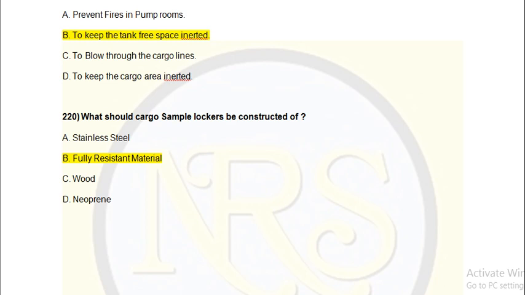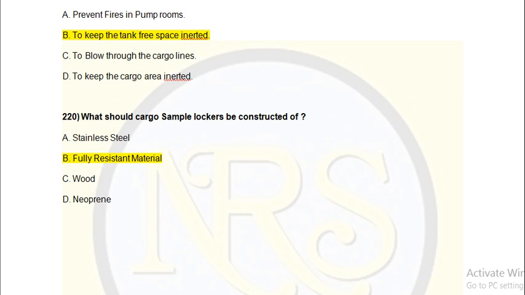When you are carrying a cargo, the cargo samples will be taken at the manifold. They have to be retained on board the ship for a period of 12 months or till the cargo has been discharged, whichever period is higher. So cargo samples we cannot keep in the accommodation or paint locker anywhere. They have to be kept in a place that is fully resistant, that will not cause any fire hazard or toxic hazard.